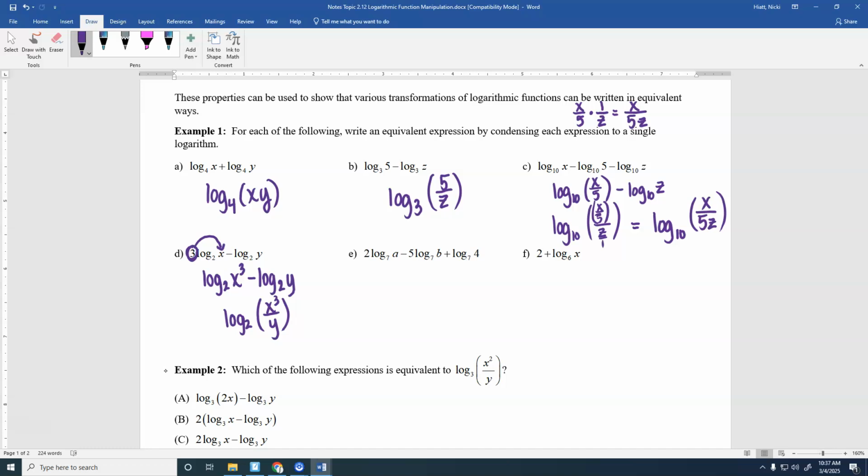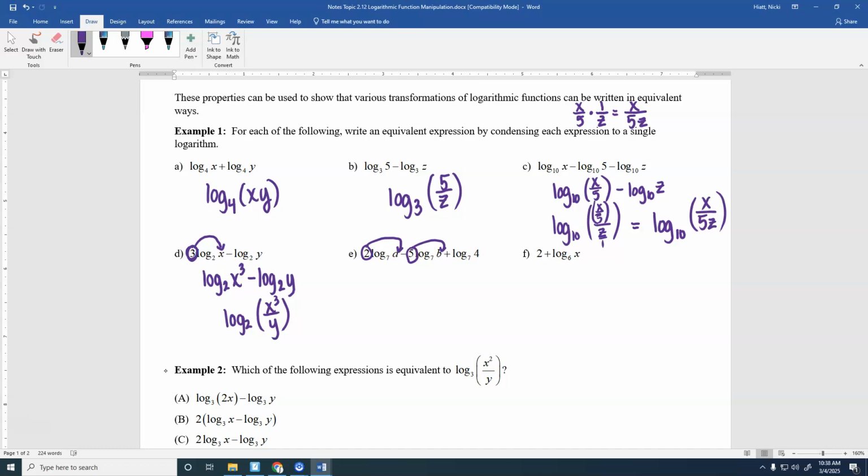So in general, you always want to pull any coefficients in as exponents first. So like when I look at E, the 2 needs to go back inside as an exponent. You got some options right here. You can take 5 or you can take negative 5. I think it's easier just to take the 5 and leave the minus between those.